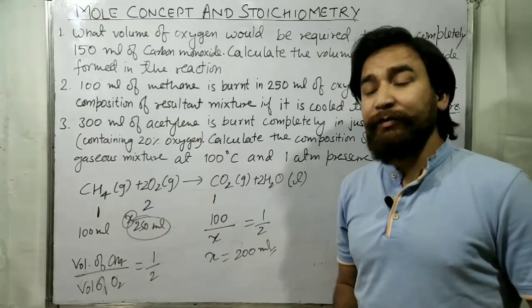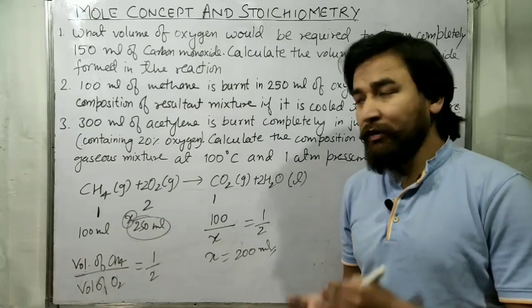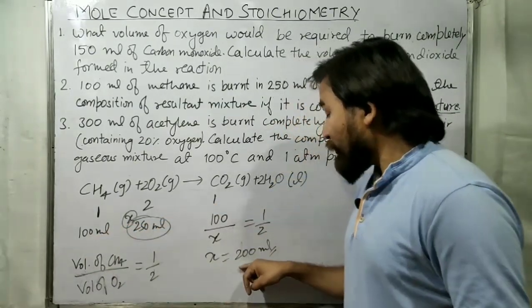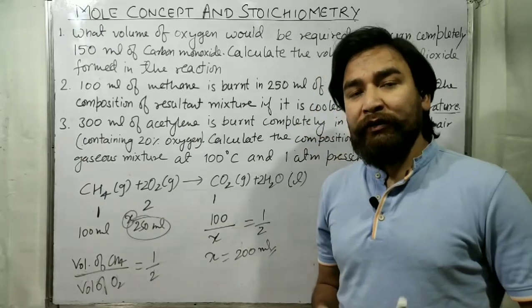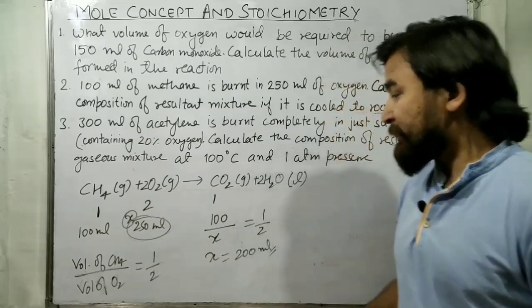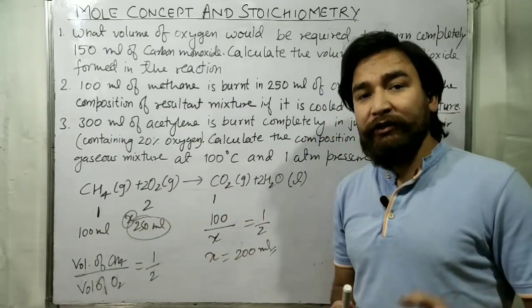So what does it mean? It means that we have 250 ml of oxygen, but to react with 100 ml of methane, only 200 ml of oxygen is required. It means 50 ml of oxygen will remain unused.